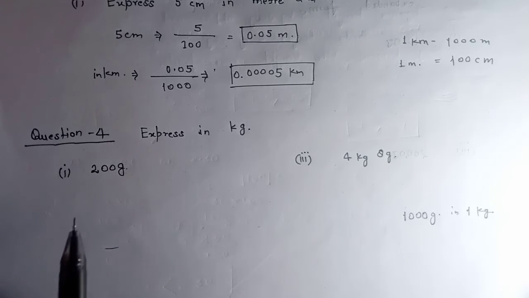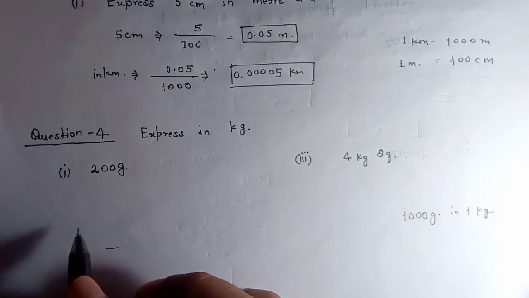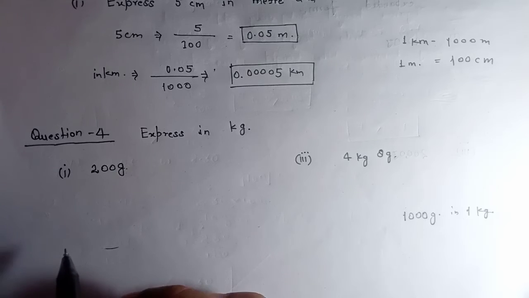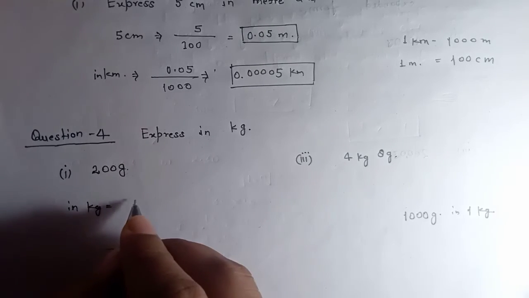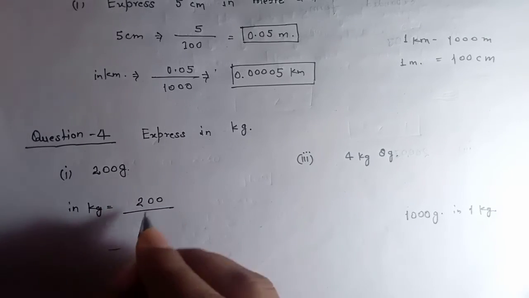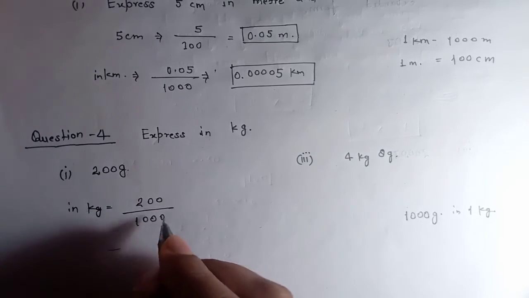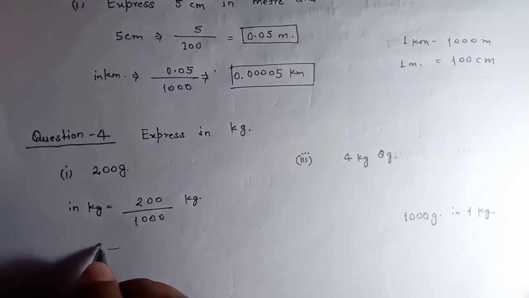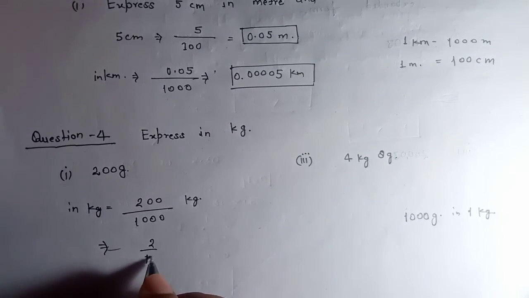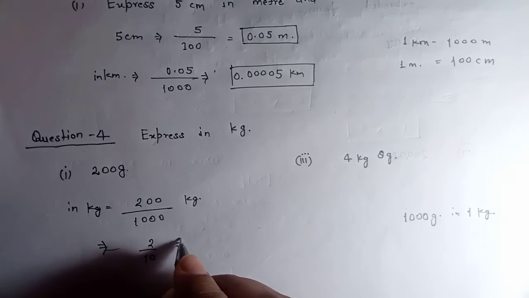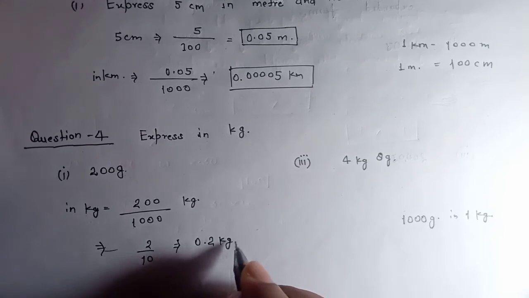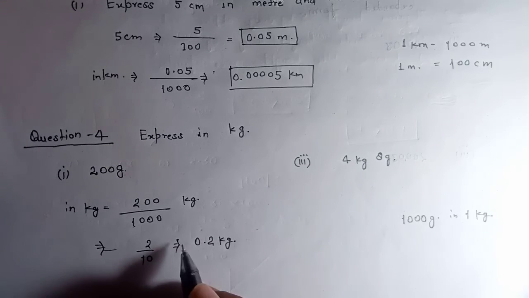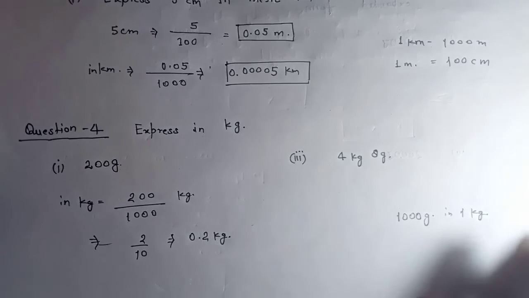So to convert this 200 gram into kilogram, if we divide this by 1000, we will get our answer. So in kilogram it is 200 upon 1000 kilogram, that is 2 upon 10, and eventually it becomes 0.2 kilogram. Divide 2 by 10, you will get 0.2 kilogram.